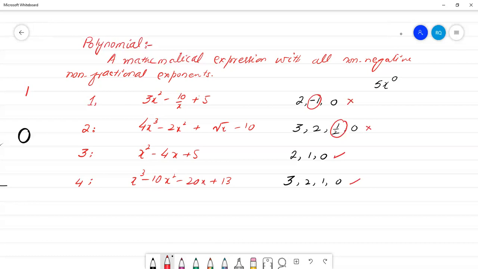Now, the highest exponent of a polynomial is called its degree.